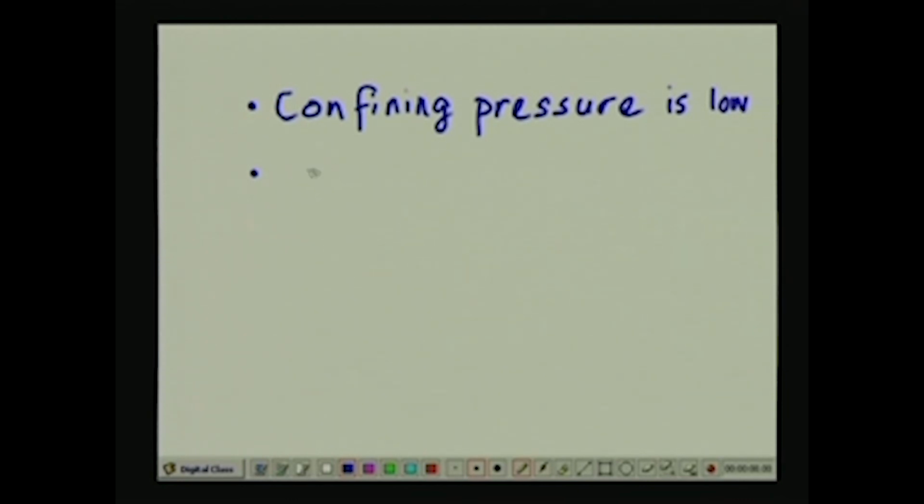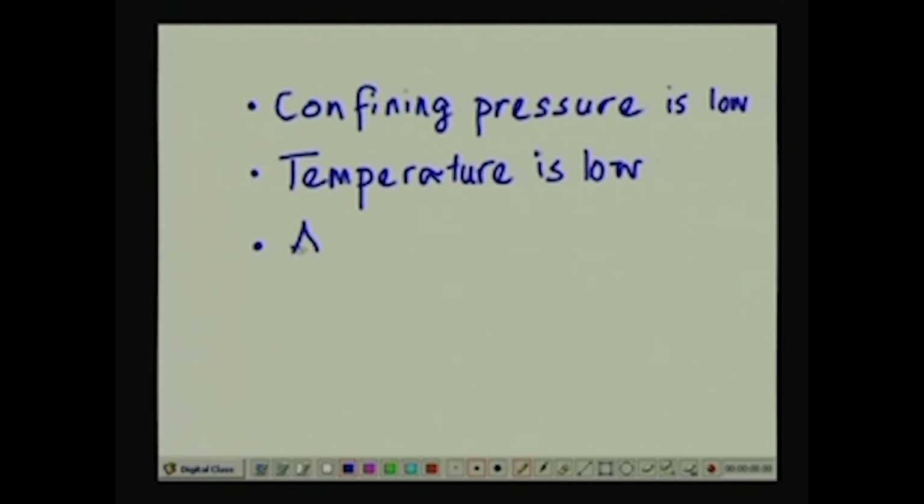Then the second important aspect is that the temperature should also be low, and the third aspect here to consider is that application of stress is relatively rapid.